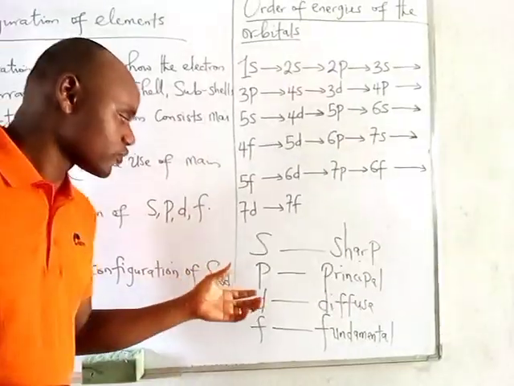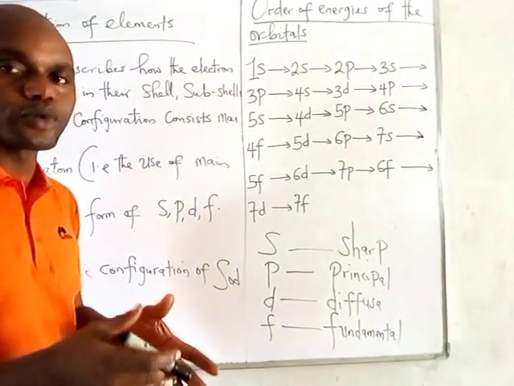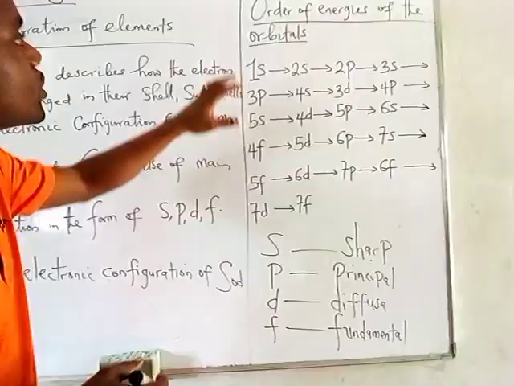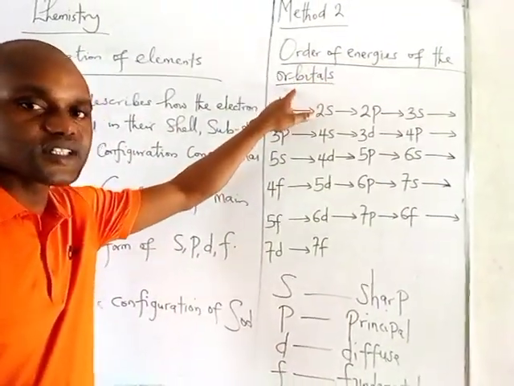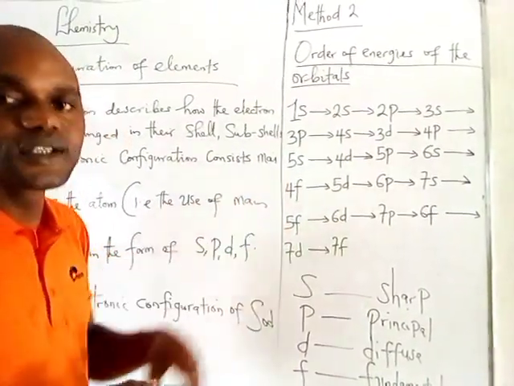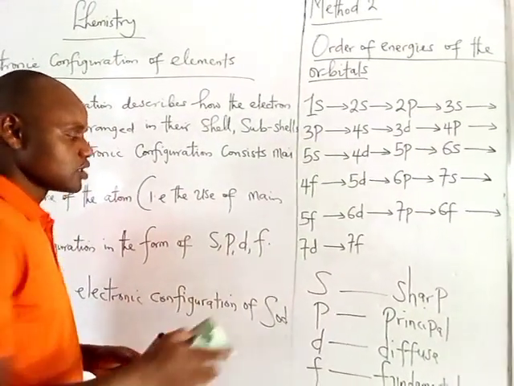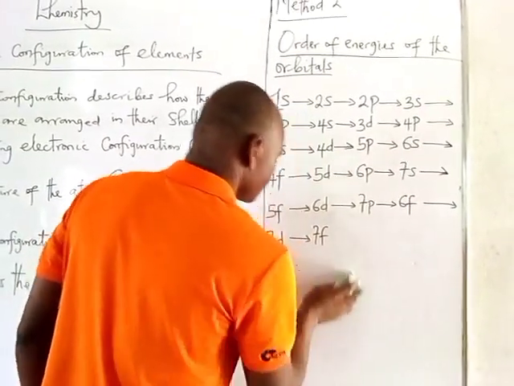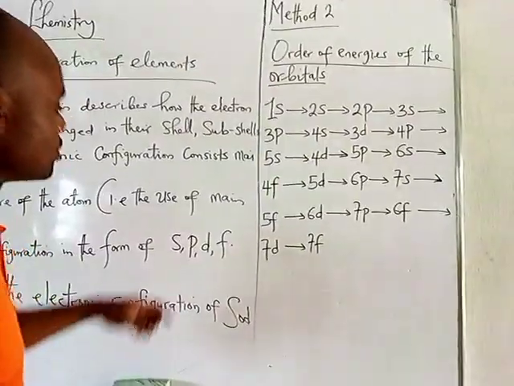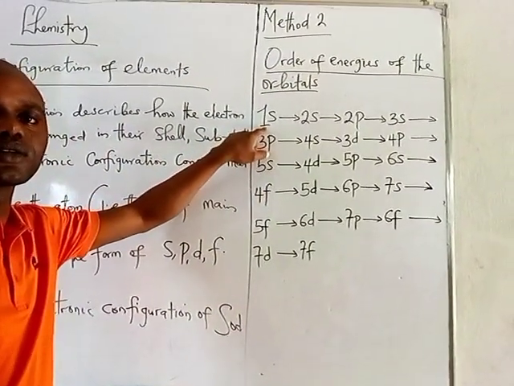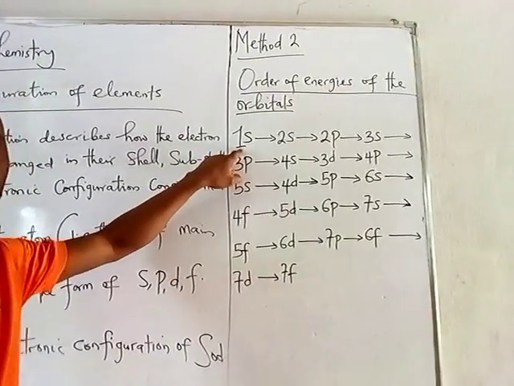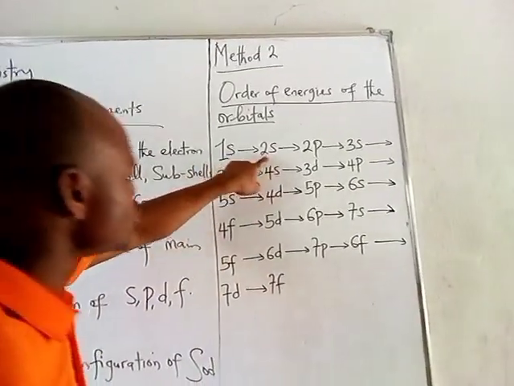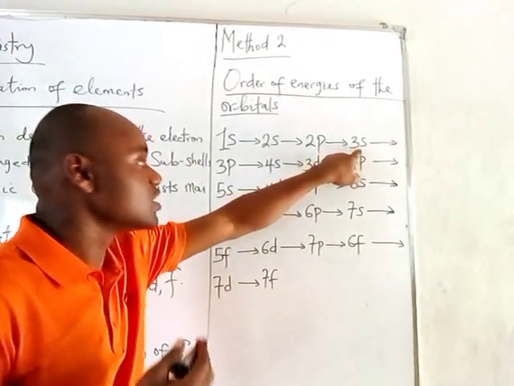Now we want to make use of this method to solve problems on electronic configuration. We want to please take note of the order of energies of the orbitals. It simply means that when we want to feed the SPDF with the electrons, we want to start with the orbital that has the lowest quantum energy, which is 1s, followed by 2s, followed by 2p, followed by 3s, 3p.